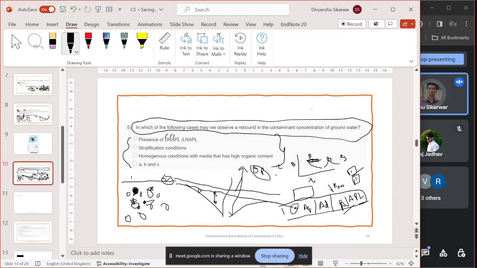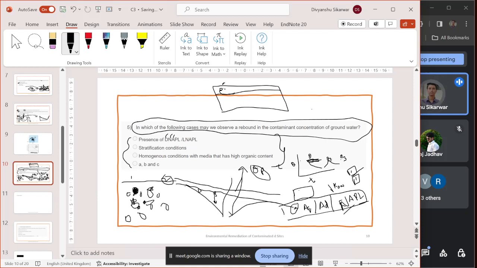NAPL can be divided further into two: dense non-aqueous phase liquid or light non-aqueous phase liquid. How do we distinguish these two? If this is the groundwater level and this is our ground level, suppose we have some contamination of gasoline, for example from petrol pumps, where petrol and diesel are stored underground.